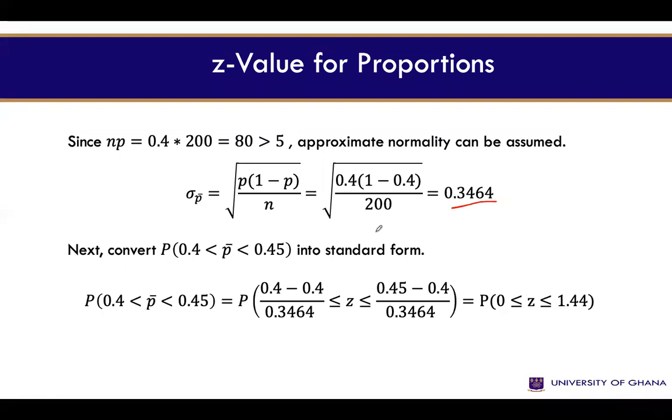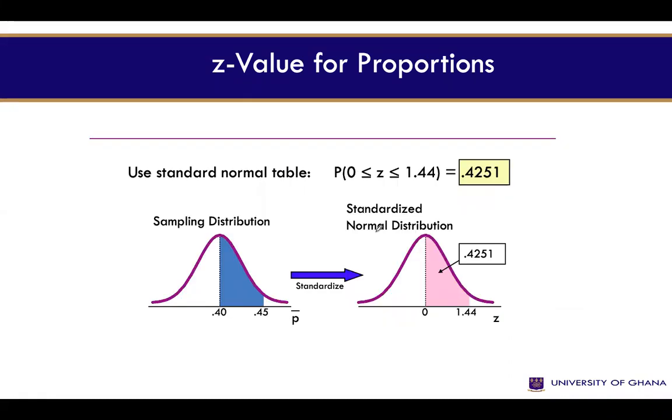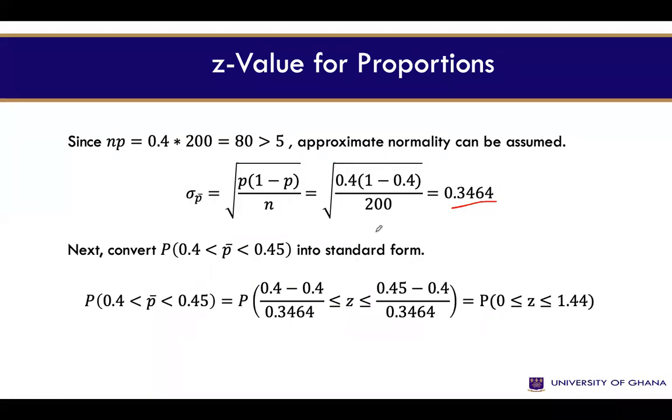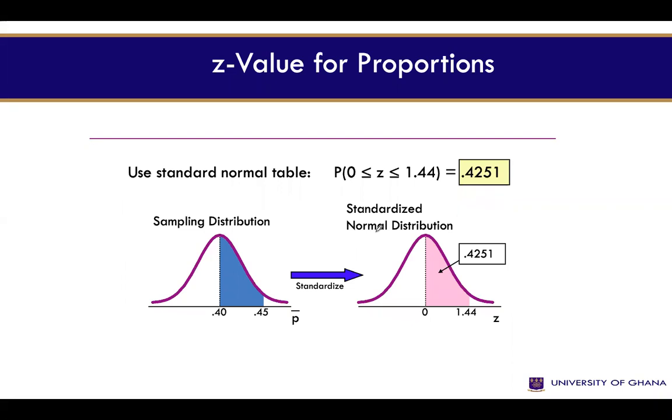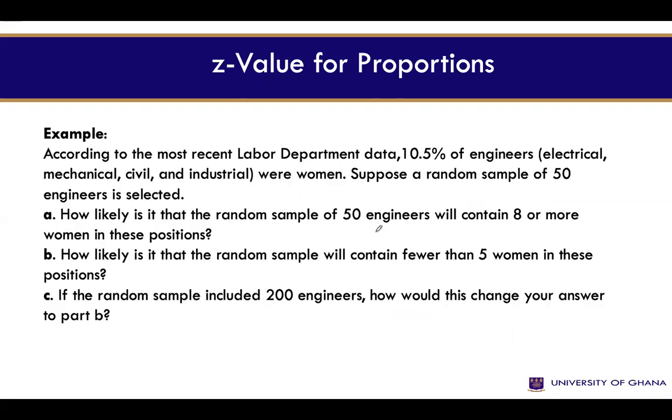The same approach of standardization, then we can read from the normal distribution table, and it works the same way for us. So we can find the probability that the data lies between 0.4 and 0.45, and that gives us this amount, and then we can find the respective probabilities. There are other questions that you can try.